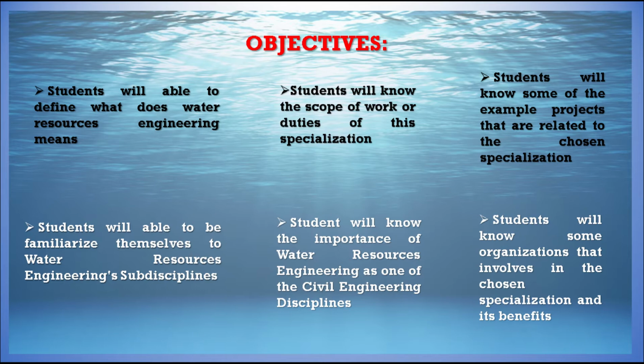Students will also know the importance of water resources engineering as one of the civil engineering disciplines. They will also know some of the example projects related to these chosen specializations. Lastly, students will know some organizations that are involved in the chosen specializations and their benefits.